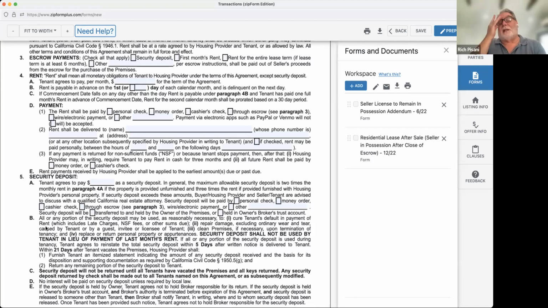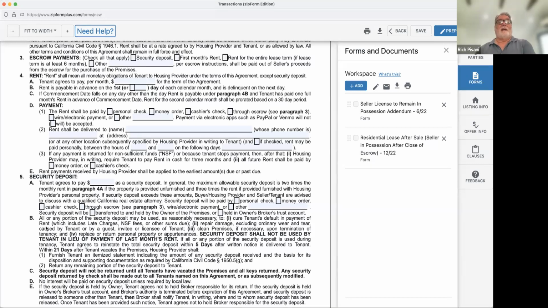Remember, you're dealing with a lease, so it's not the buyer's furniture, so you can't have a security deposit based on a furnished unit. So the most you can collect for a security deposit at this given time is 2 months rent.